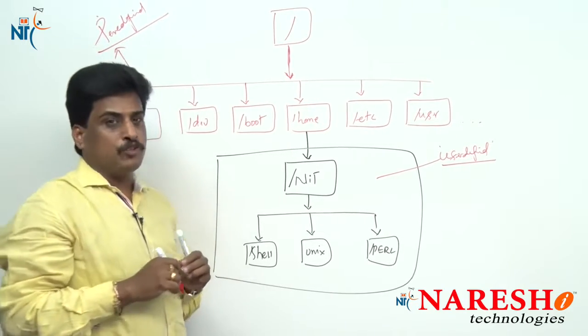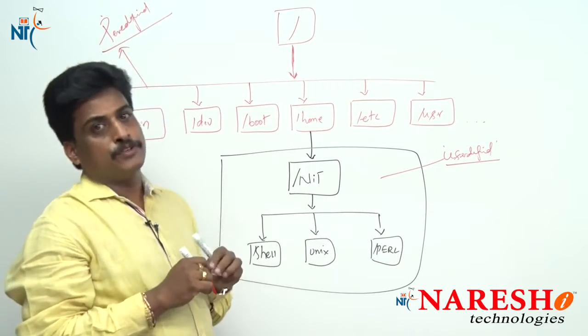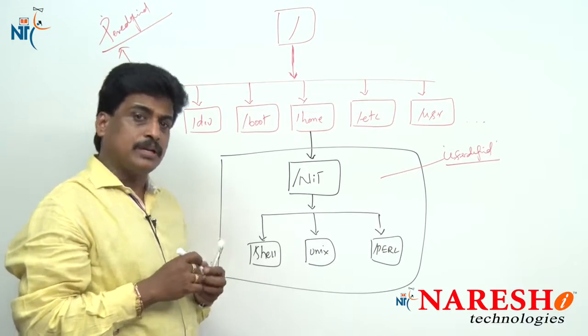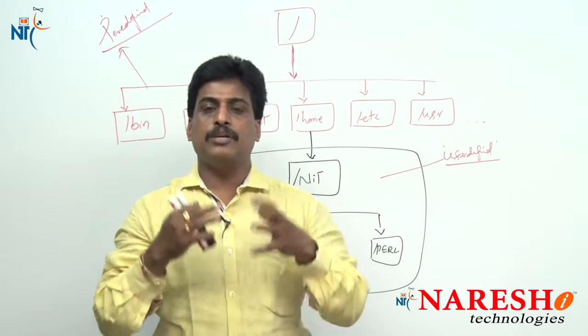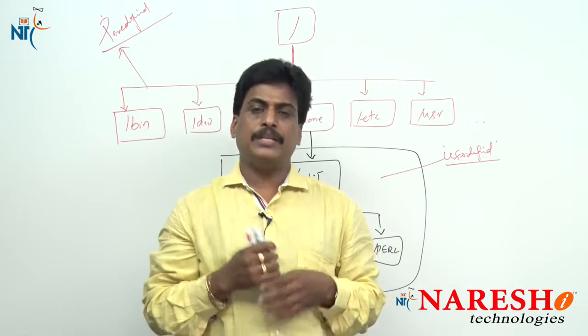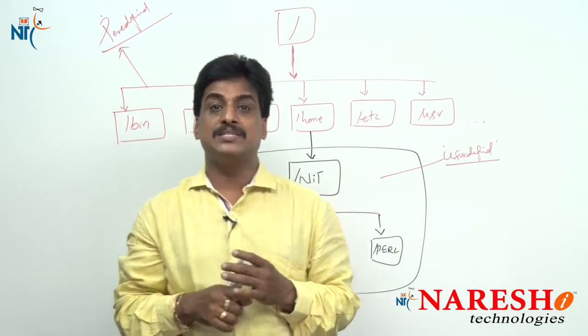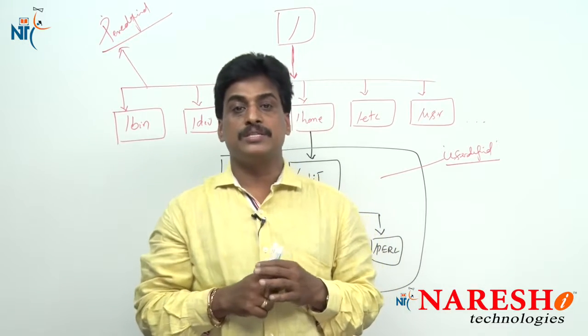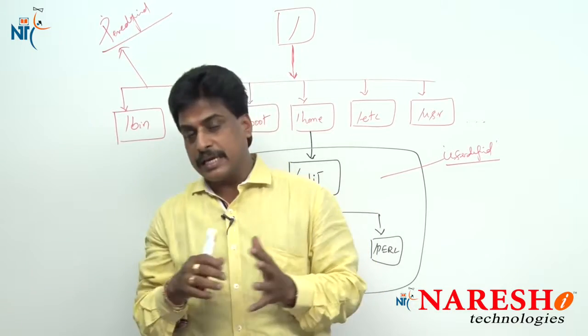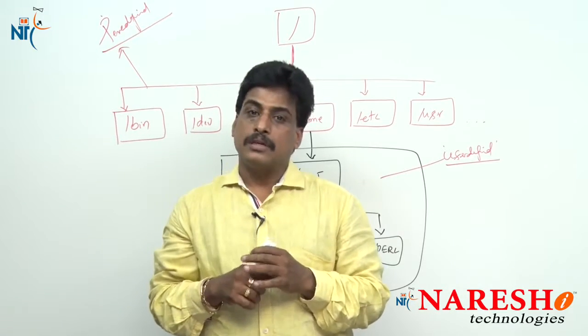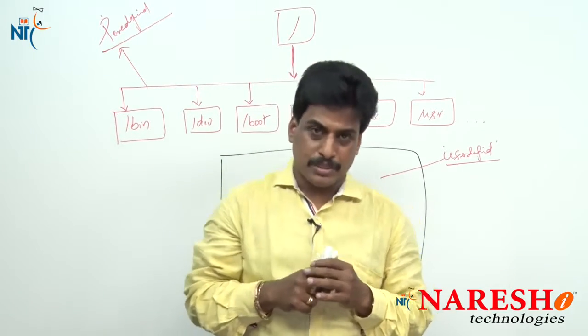After that, we can try to observe a few flavors of UNIX operating system. What are the flavors available? Flavor means related to a particular organization. Very popular flavor in UNIX is BSD, Berkeley Software Distribution. It was a default operating system from the 1980s onwards in personal computers.